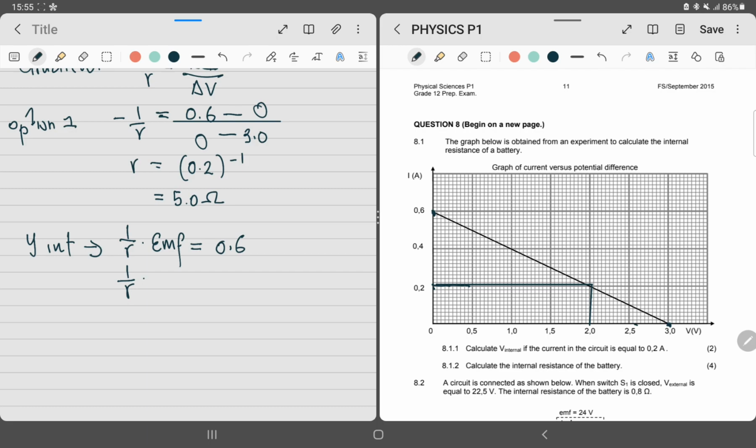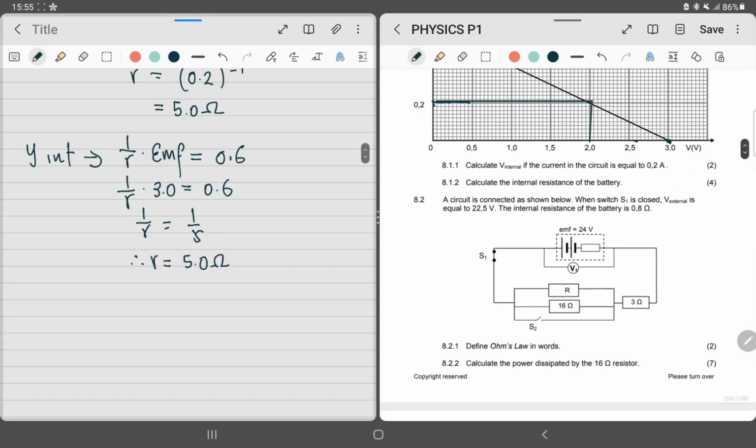The EMF is 3. So 0.6 divided by 3, I'm getting 1/5. Therefore, the internal resistance should be 5.0 ohms.